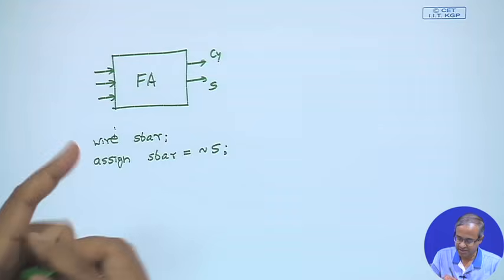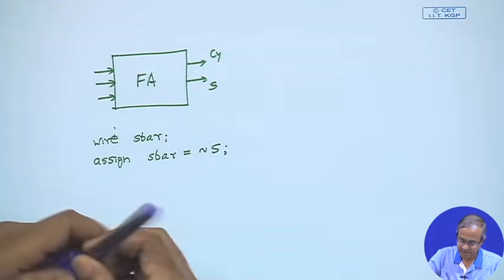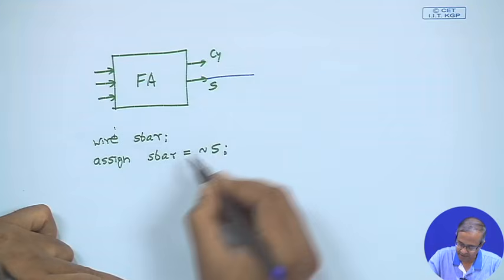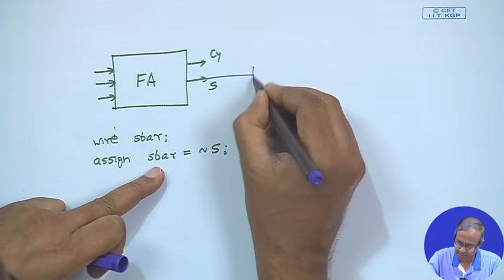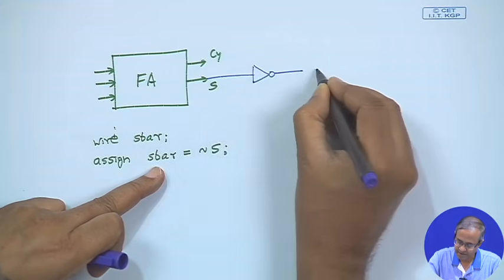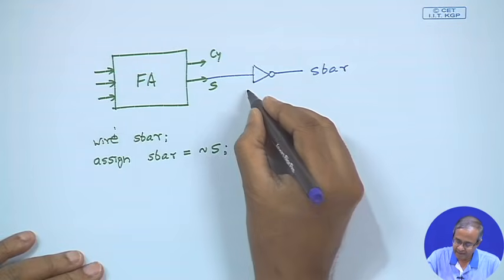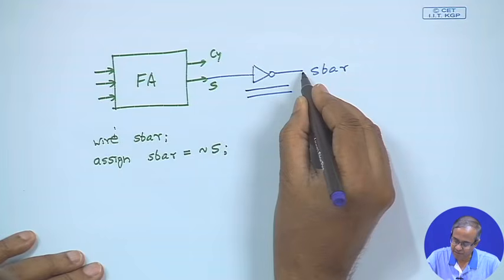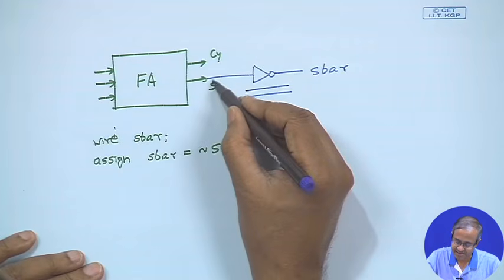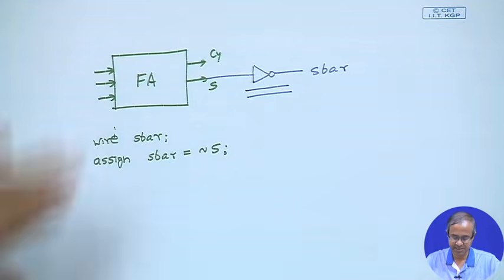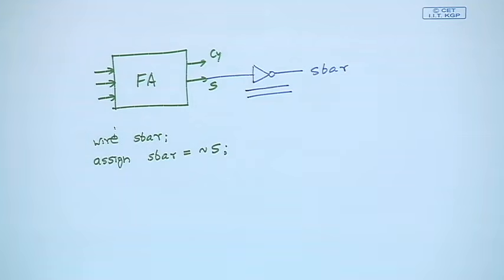What this will do is take the output from this instantiated full adder, and this assign statement will act as an inverter driving S bar, and this assignment will be continuously driven. Whenever S changes, S bar will change immediately. This is the basic idea.